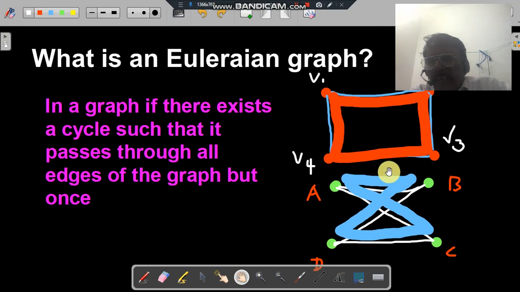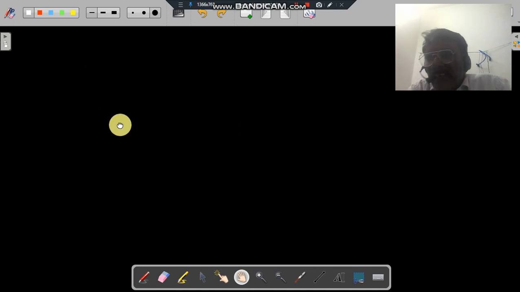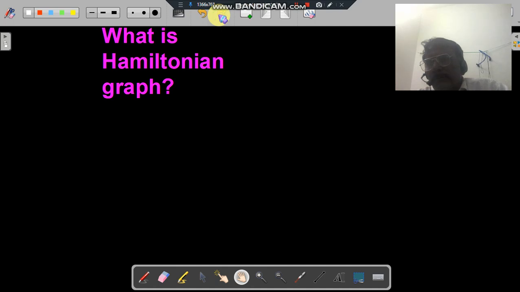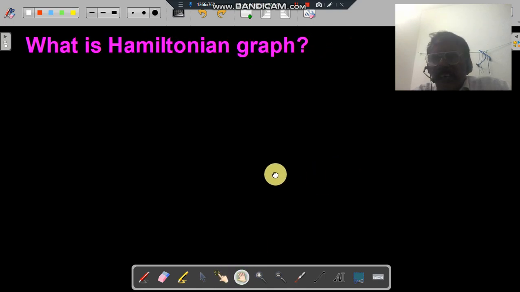It is a graph in which there exists at least one cycle such that it contains each edge only one time. Such a graph is called an Eulerian graph. Now let me take another definition: what is a Hamiltonian graph? That's what we are interested in.